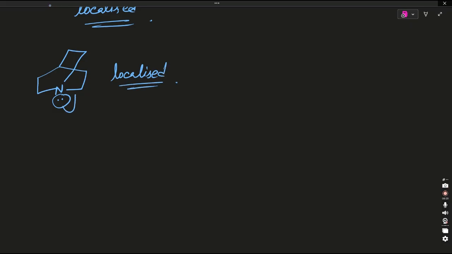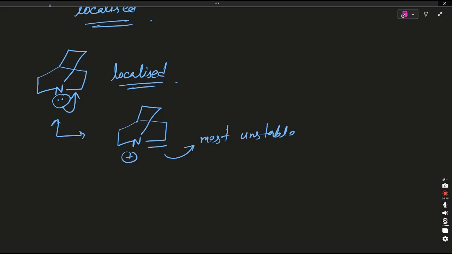Because if we shift this lone pair here, we get a double bond here. Now, this structure is very unstable, most unstable, because the double bond is in the bridgehead position.